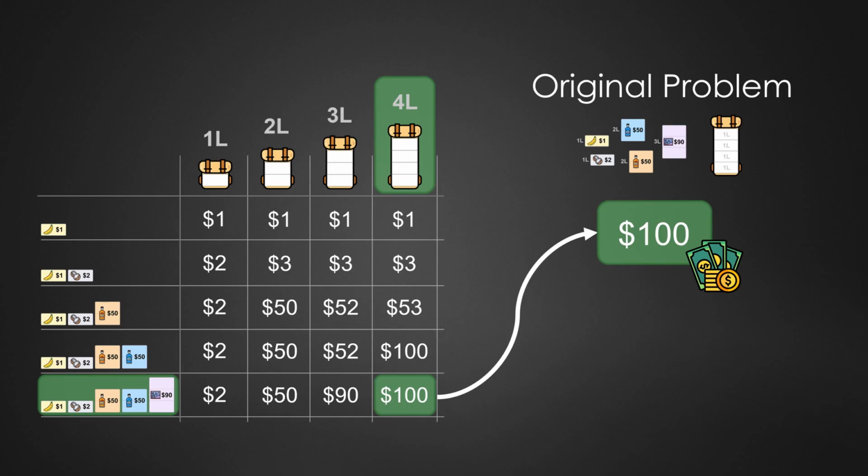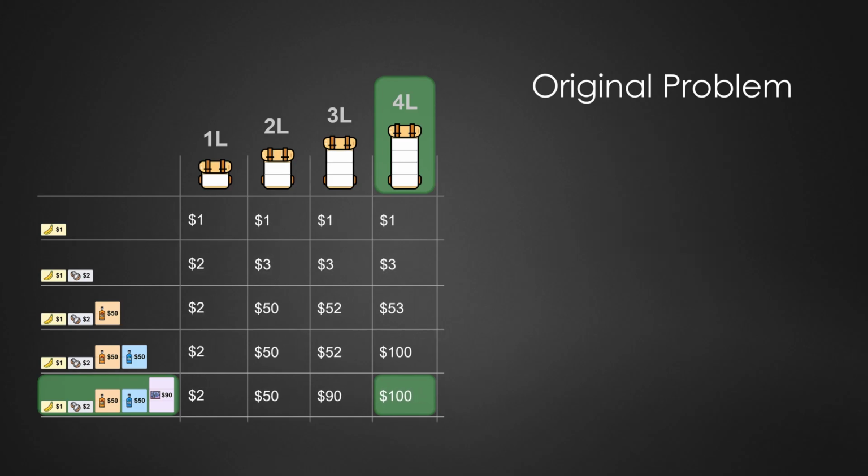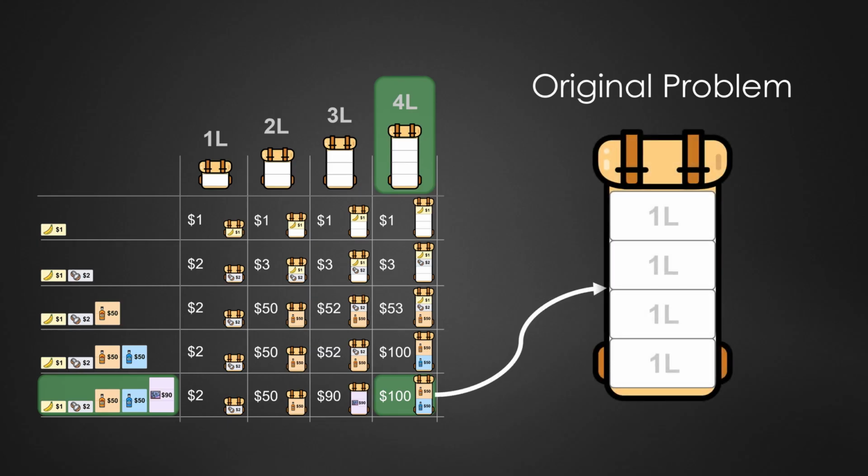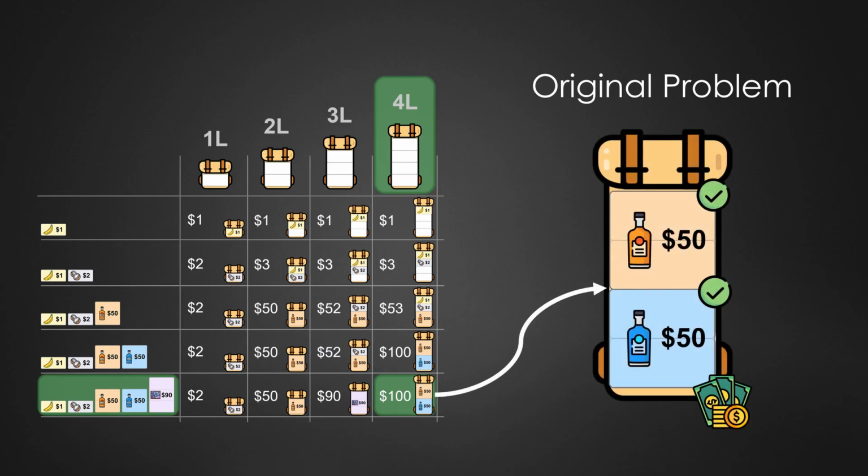Also, if we had been tracking which items were in the backpack, we would have ended up with a table like this. Keep in mind that while the total values are unique, there can be multiple solutions for the items chosen, just like the tie we saw earlier. In summary, the best solution is to fill our backpack with the 2 whiskey bottles, which gives us $100.